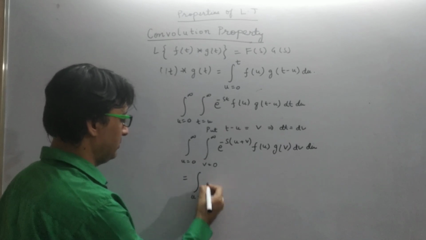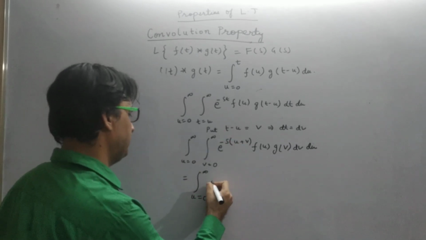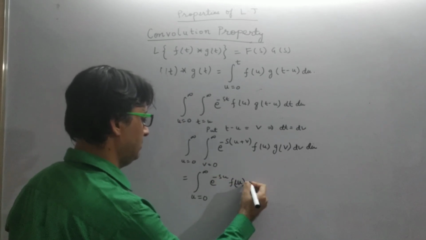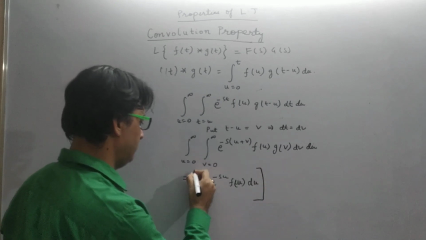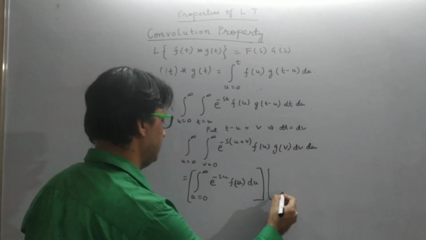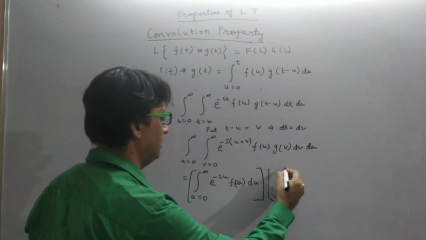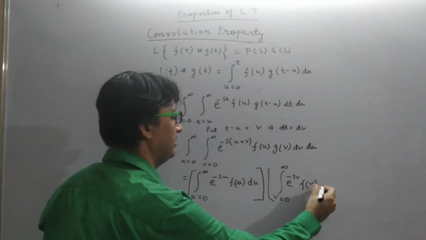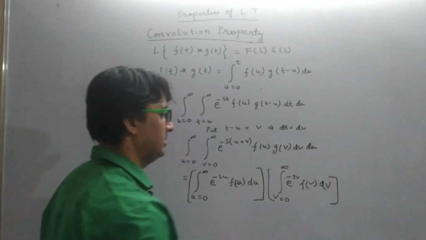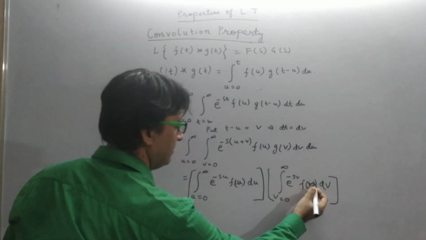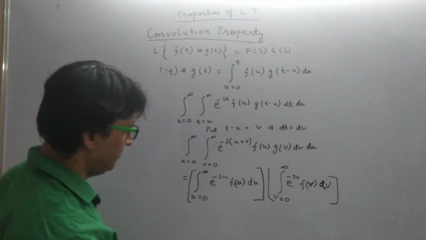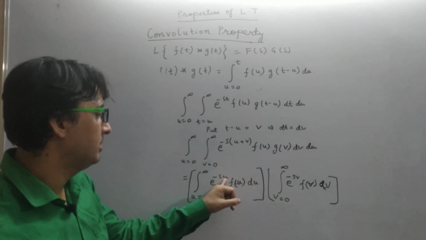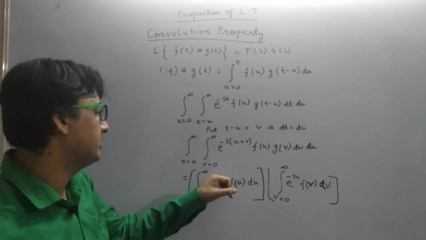The integral of u from 0 to infinity. What we can do is separate all of this. So e to the power minus su f(u) du is one integral, and the integral of v from 0 to infinity of e to the power minus sv g(v) dv is our second integral. We have always studied that this is the integral with respect to this variable, so whatever is the coefficient of minus s, that is the transform.